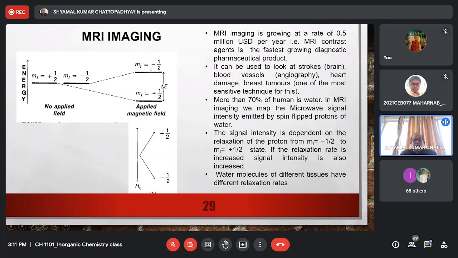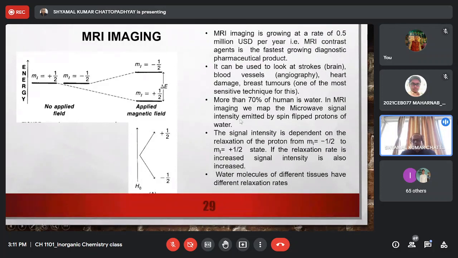radiation source. Now in the excited state, we know, like the hydrogen atom problem which we have studied earlier, they come back to the ground state. So excited nuclei come back to the ground state from mI equal to minus half to mI equal to plus half. Now this coming back to the ground state is known as the relaxation phenomenon.